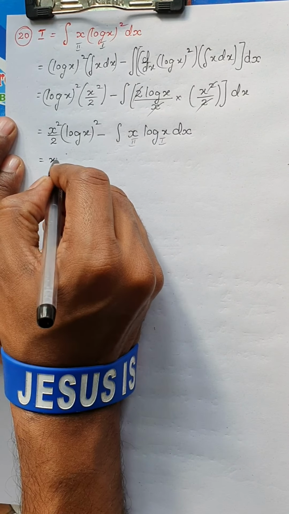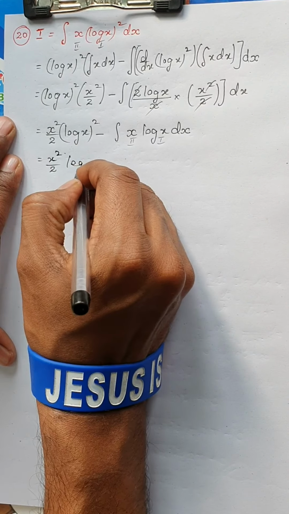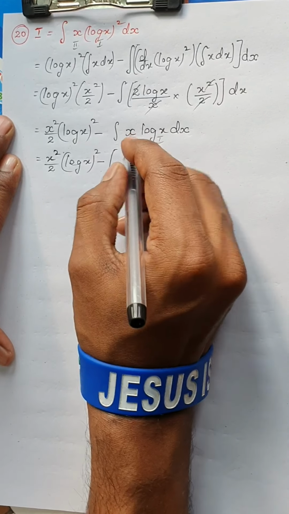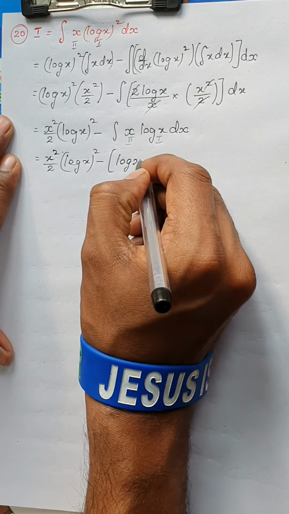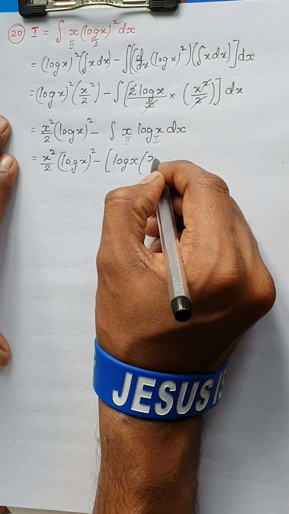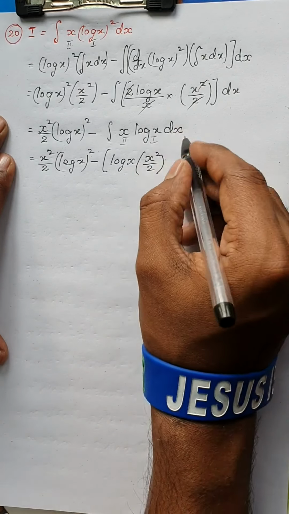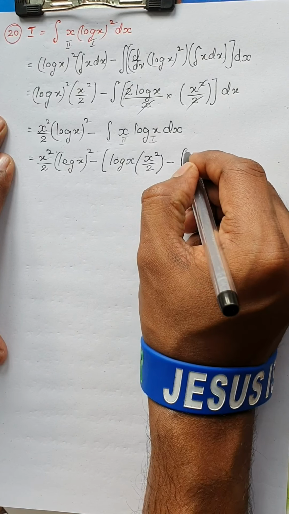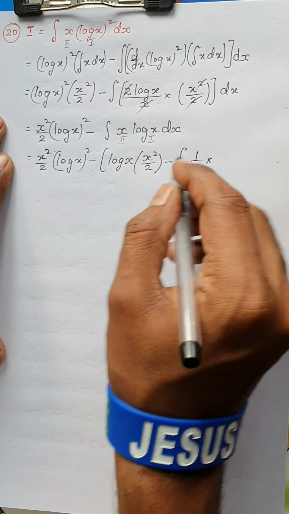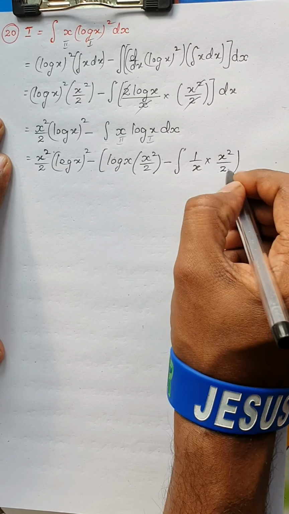So this is nothing but x square divided by 2 into (log x) whole square minus, let me use integration by parts. Keep the first function as it is, integral of x, so integral of x would be x square by 2, minus integral of, now we know derivative of log x is 1 by x, into this term as it is, which is x square by 2.